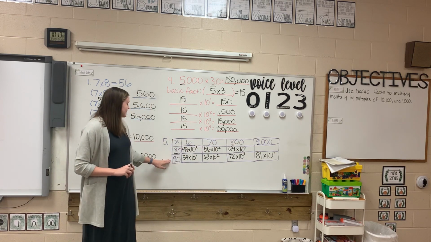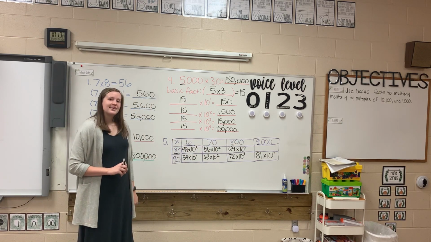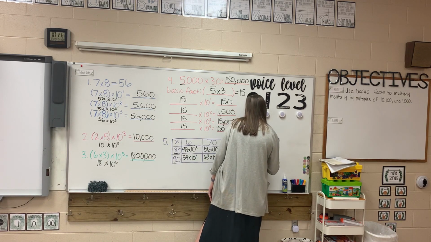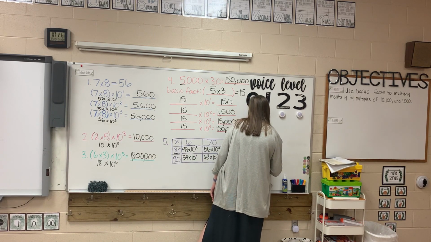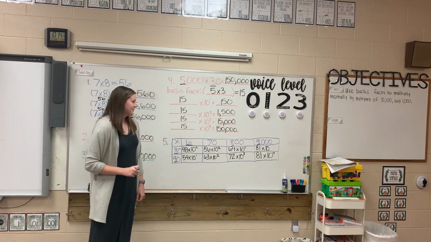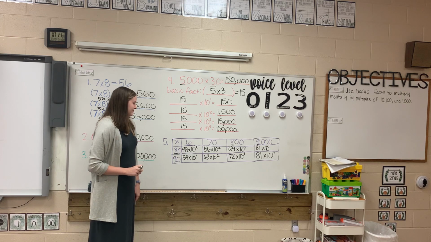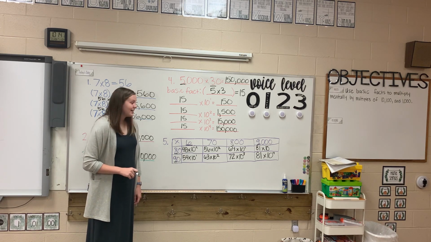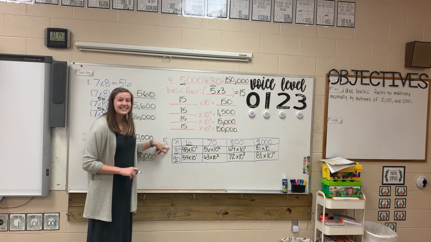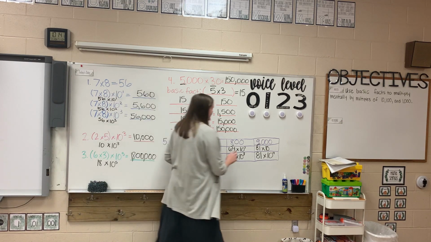9,000 times 90. 9 times 9 is 81. What power of 10? Oh guys, you know what I just realized I did? I said 9,000 times 90. But that row that that's on, that's 80, not 90, right? So it's not 81.